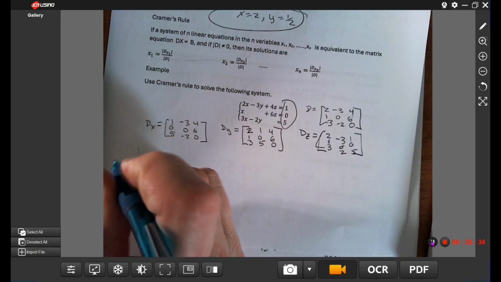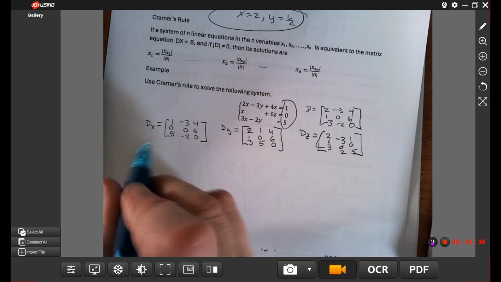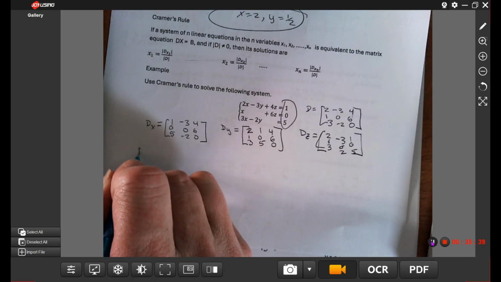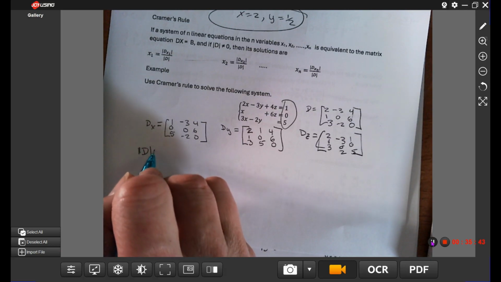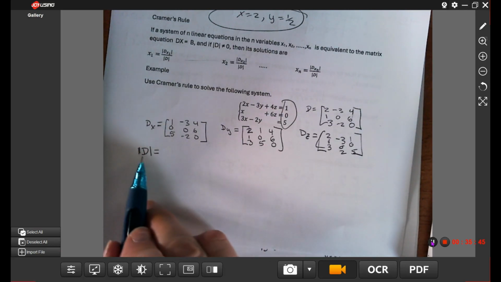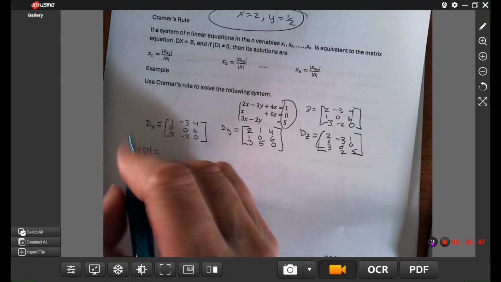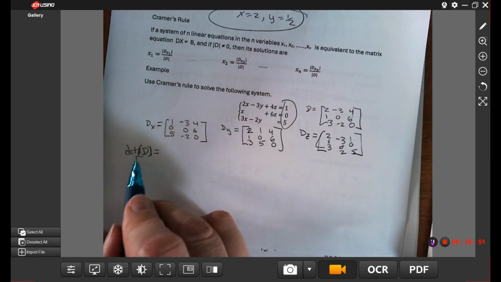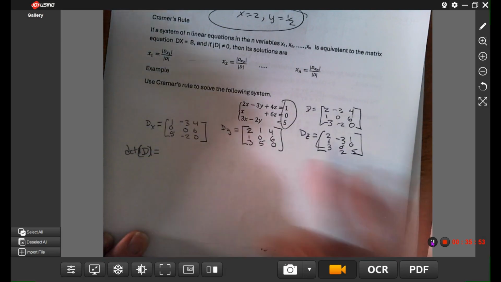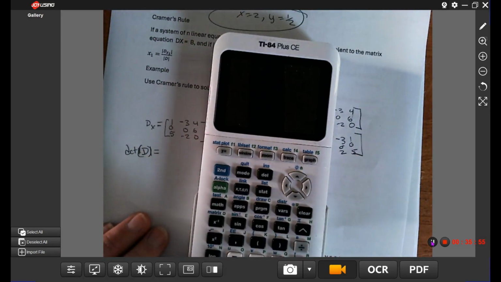So I think we might all be getting kind of tired of finding determinants by hand. So I'm going to show you how to do it in the calculator right now. So the determinant of x. Actually, I'll write the other notation because that's what it says in the calculator. So the determinant of matrix D. So let's put matrix D in my calculator.